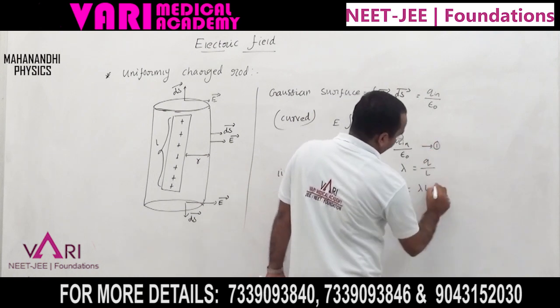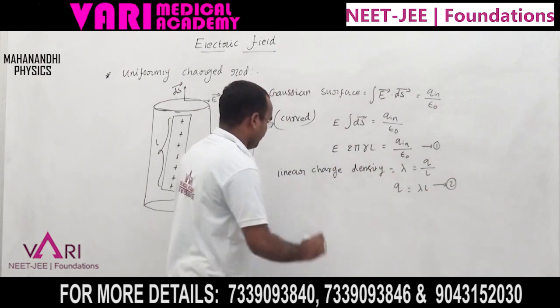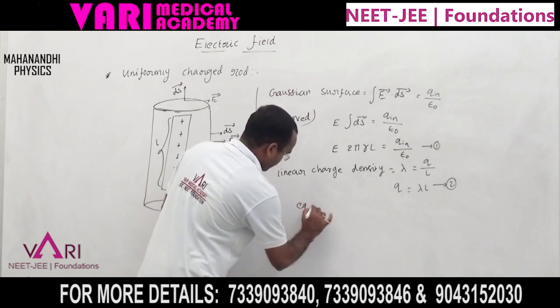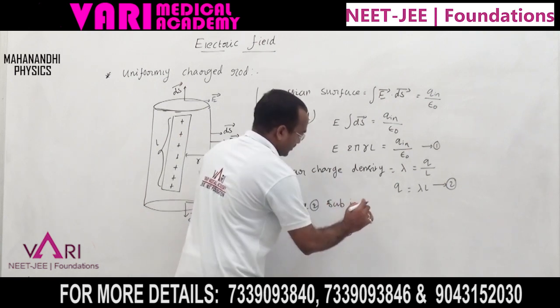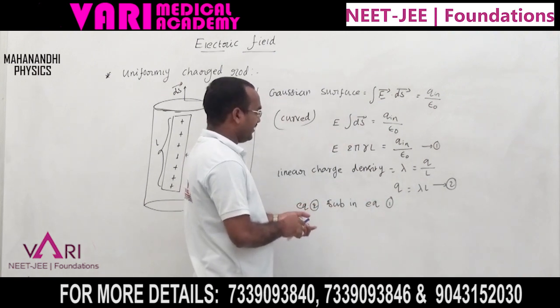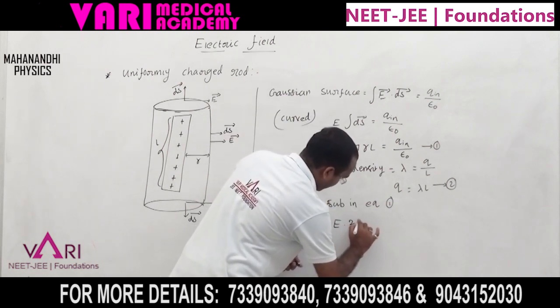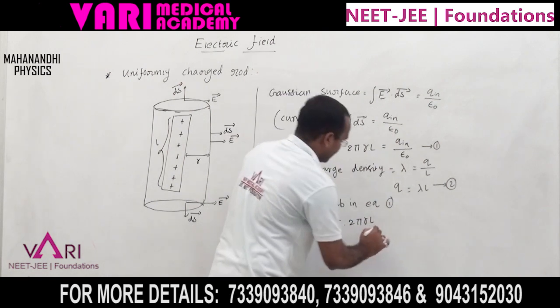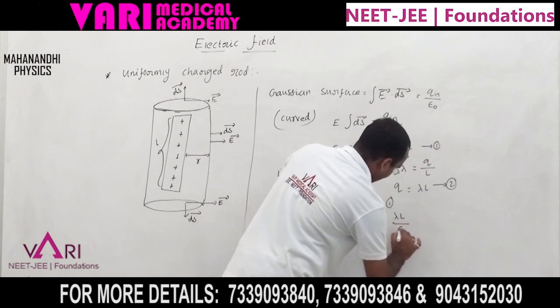Substitute equation 2 in equation 1. Then E into 2 pi r L is equal to lambda L by epsilon naught.